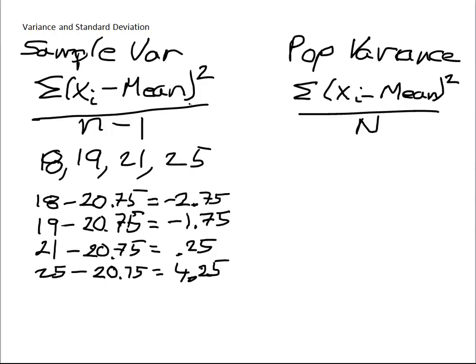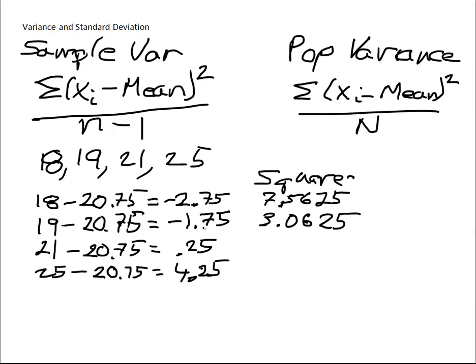Now we need to square all those terms. So now let's square them. 2.75 squared is 7.5625. And then we have 3.0625.